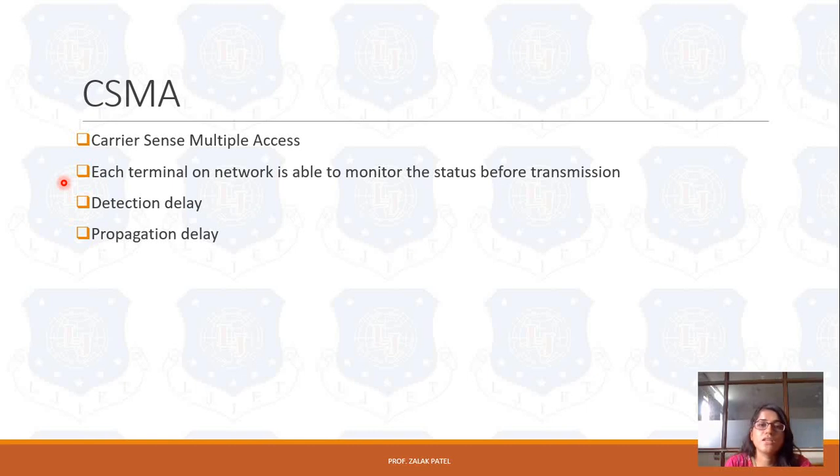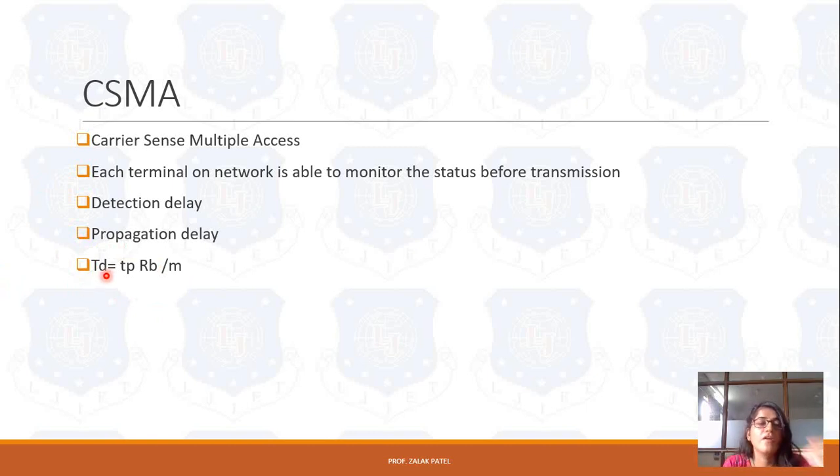Next is propagation delay, meaning the processing time to transmit a packet or data from one transmitter to another, or from one state to another, for that protocol. For this, the delay time TD can be calculated using the equation TP into RB upon M.